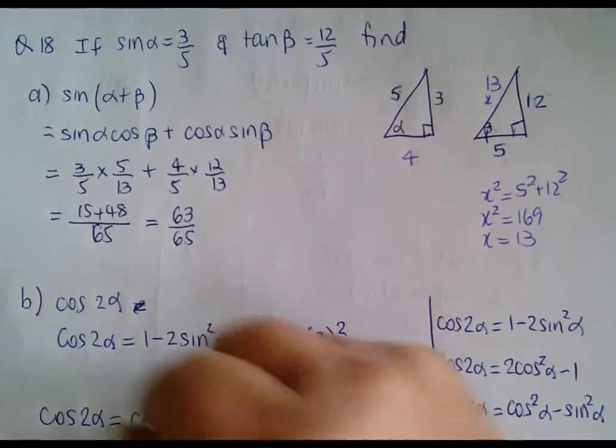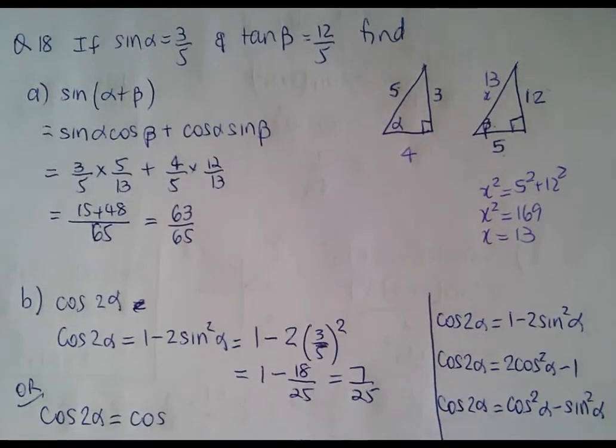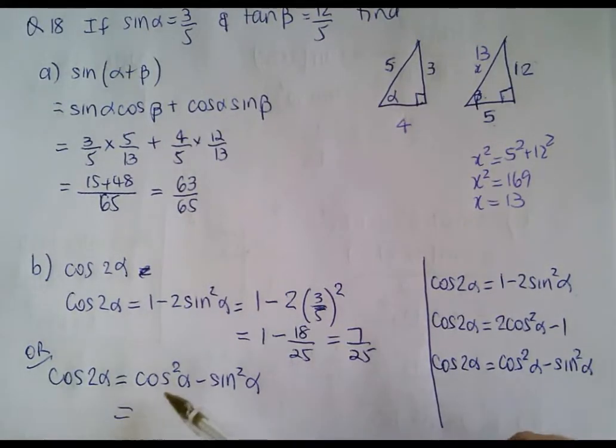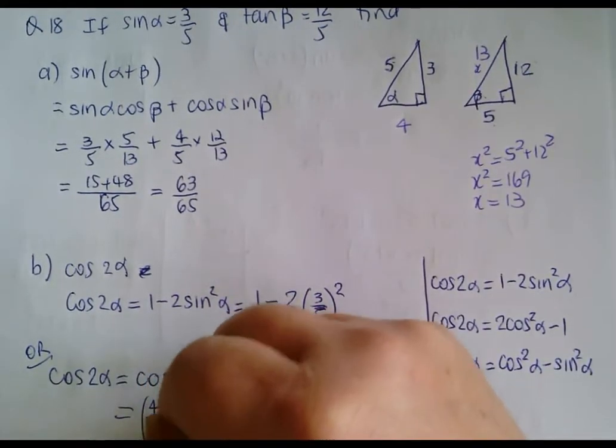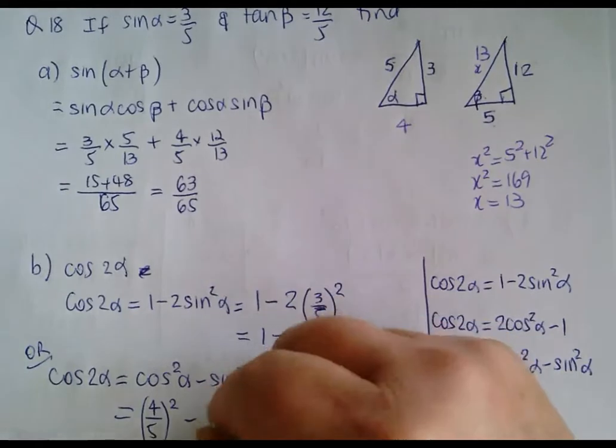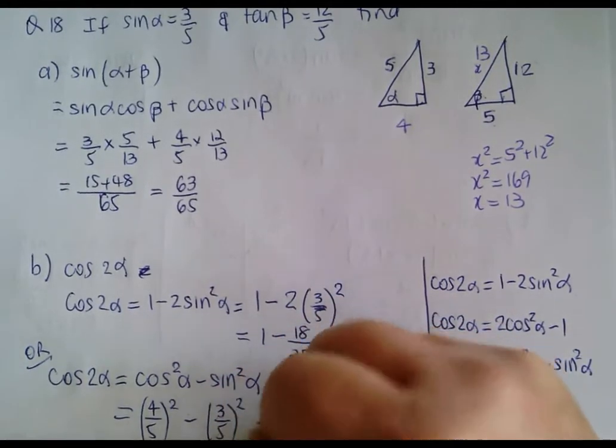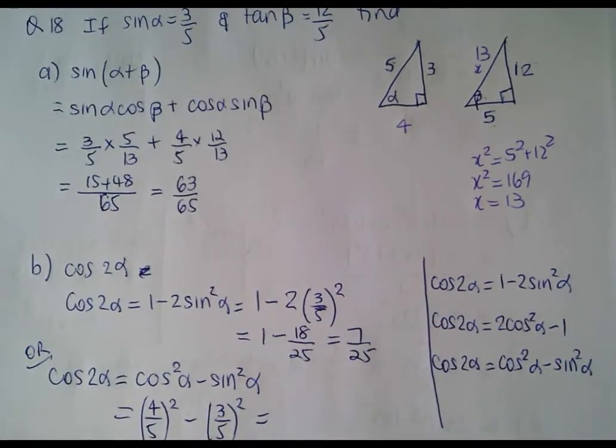Cos of 2 alpha is cos squared alpha minus sine squared alpha. Now cos alpha is 4/5, so it's 4/5 squared minus sine alpha, given in the question, 3/5 squared. So you could have done it like that too.